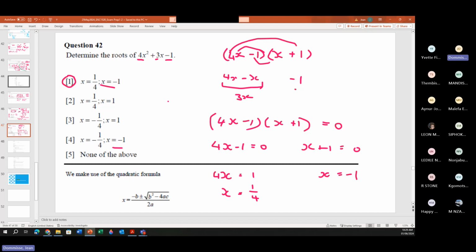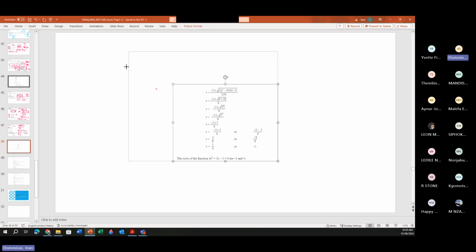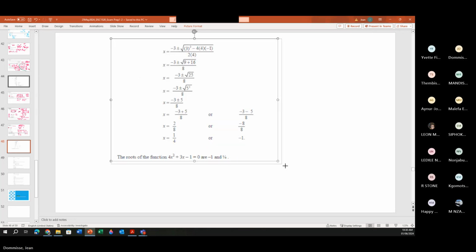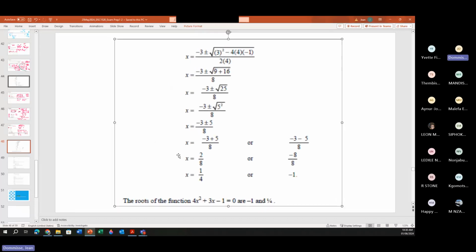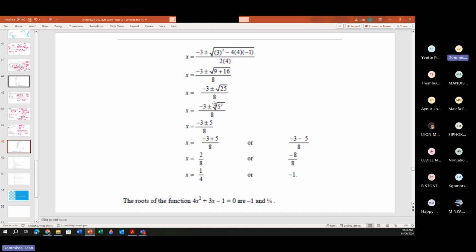So that's option 1. I'm also going to add this component for you. If you wanted to work it out with the roots formula, I have added this for you so that you can check, if you are more comfortable using the roots formula.